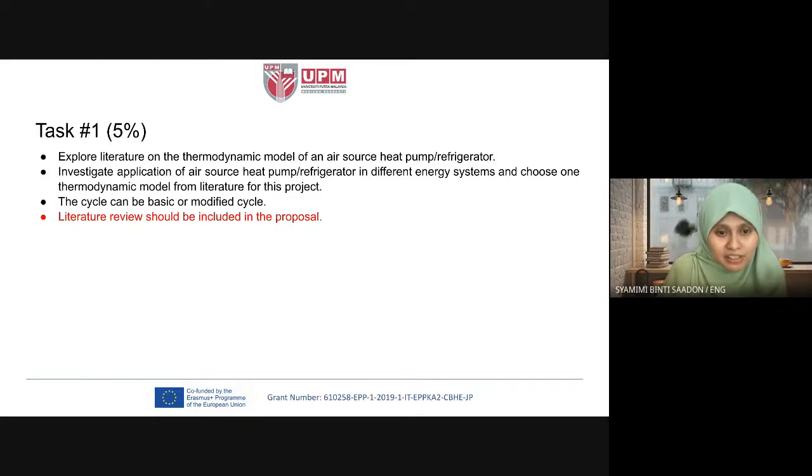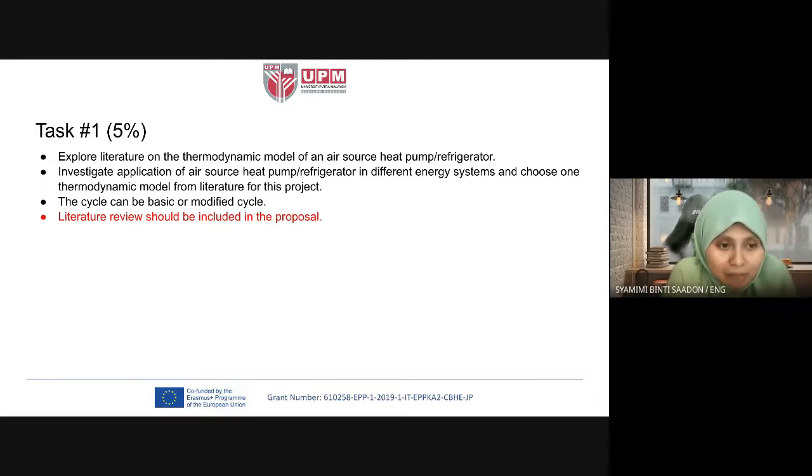If we add a regenerator to the cycle, add reheat, or add another heat exchanger to the cycle, different models have different thermodynamic mathematical energy balance equations.